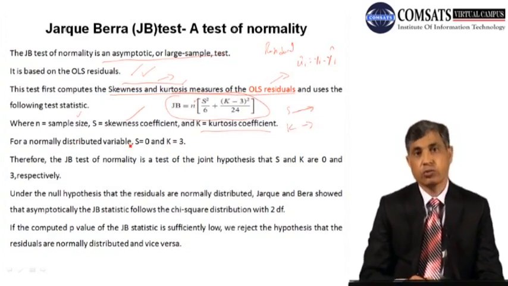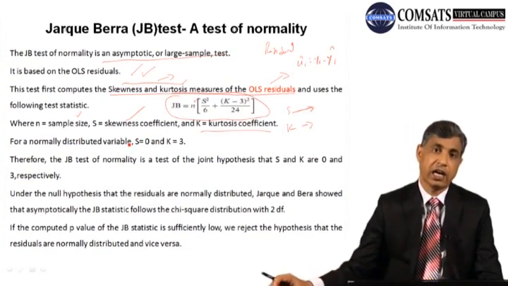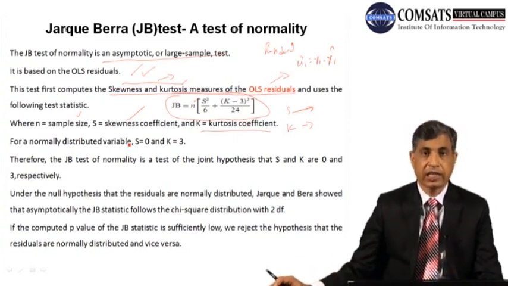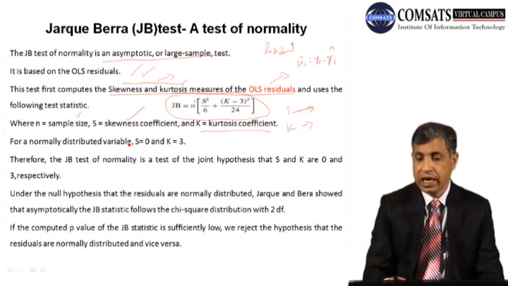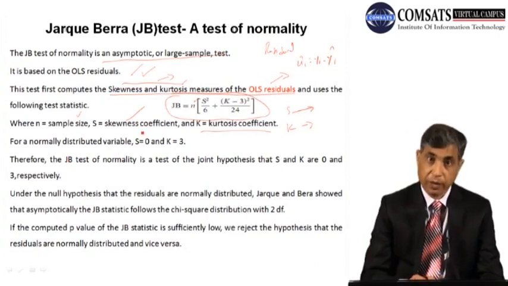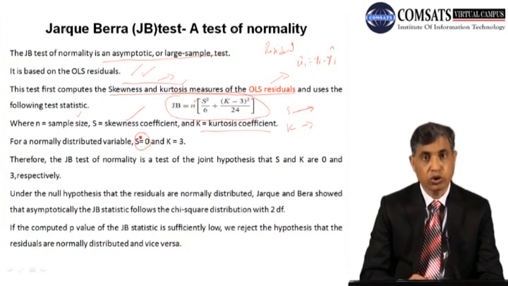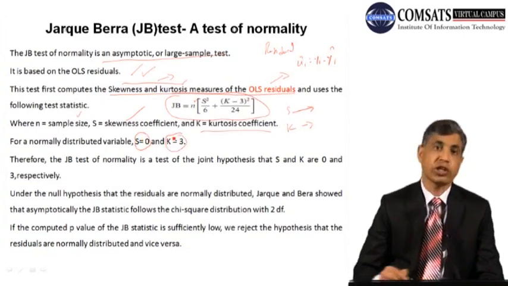We are looking at variables, and we are interested in the residual being normally distributed. The property of the normal distribution is that its skewness is equal to 0 and its kurtosis is equal to 3.